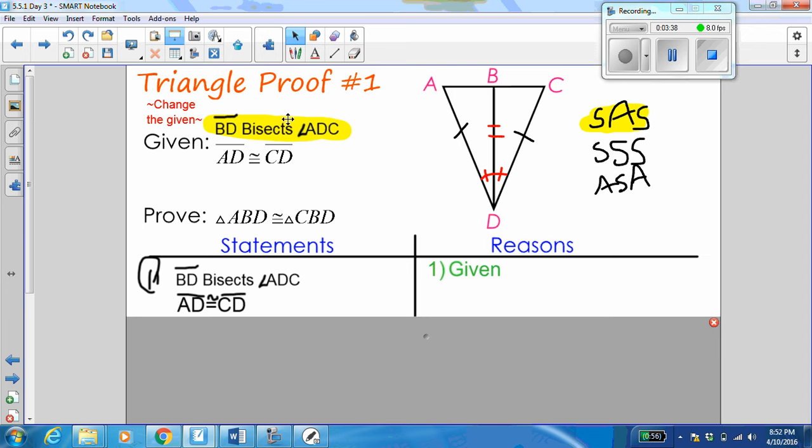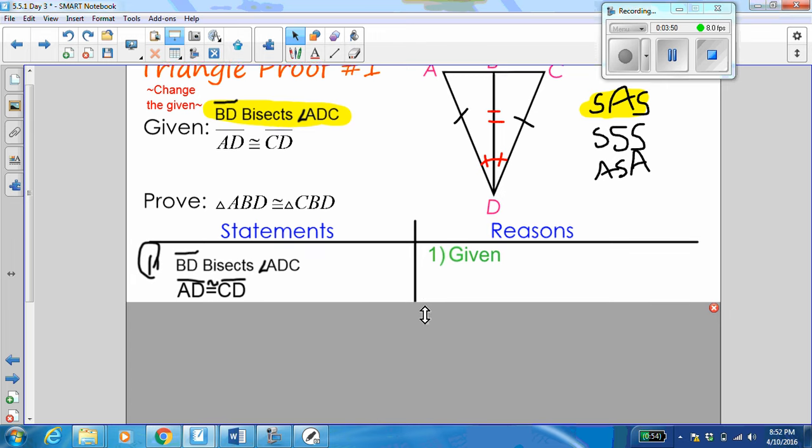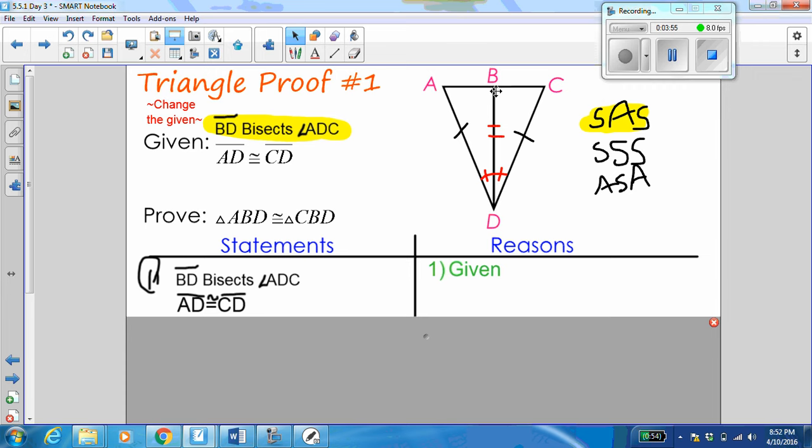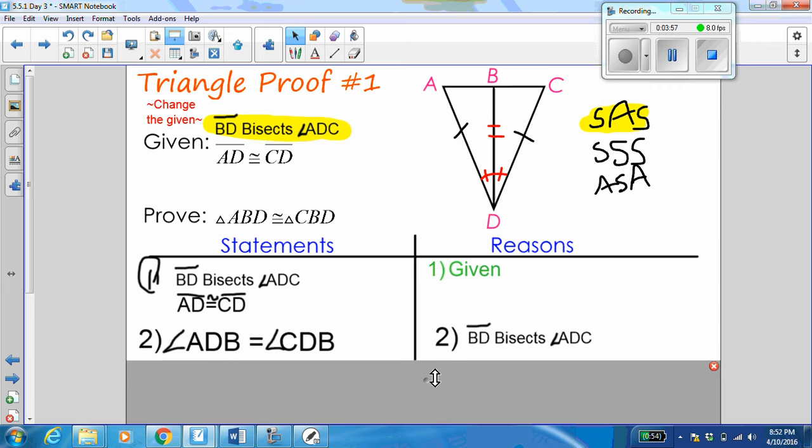So I'm going to start with the given information. From the given, I'm going to write down what I can conclude. So I know that line segment BD bisects angle ADC, and what that means is that it's going to cut that angle into two congruent angles. So I'm going to write this down, that angle ADB is congruent to angle BDC.